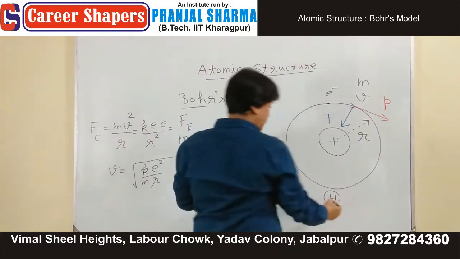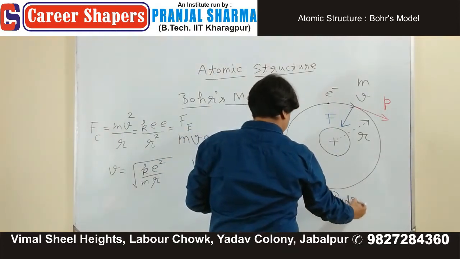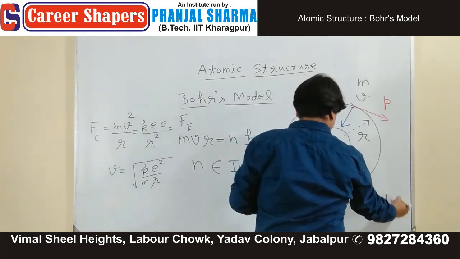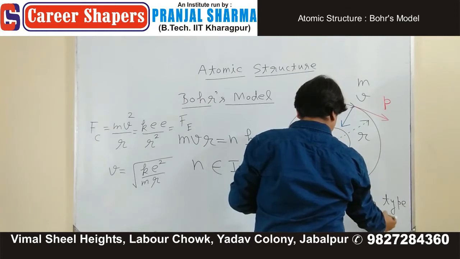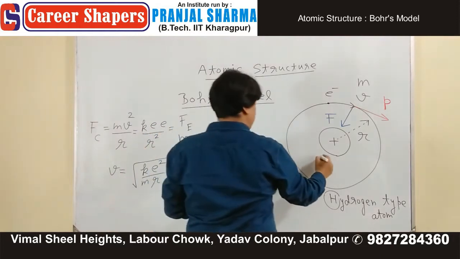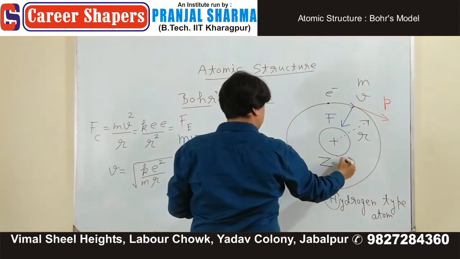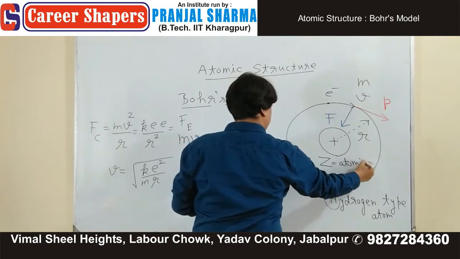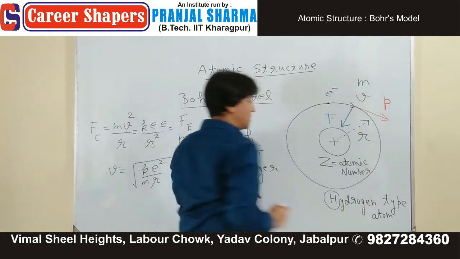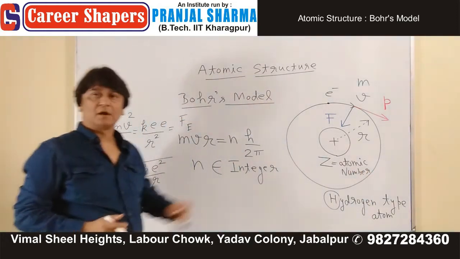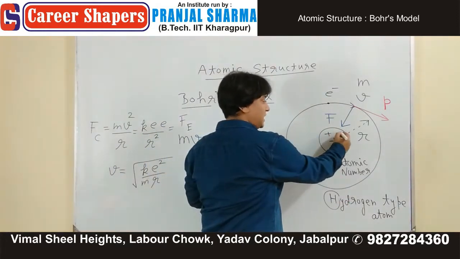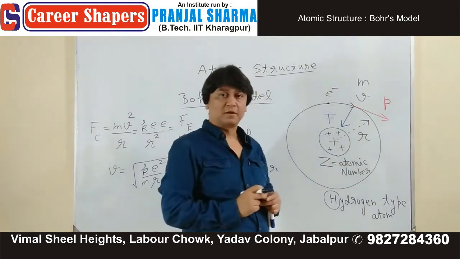Suppose this is a hydrogen type atom. We say that its atomic number is Z. And if atomic number is Z, that means there are Z number of protons present in it.